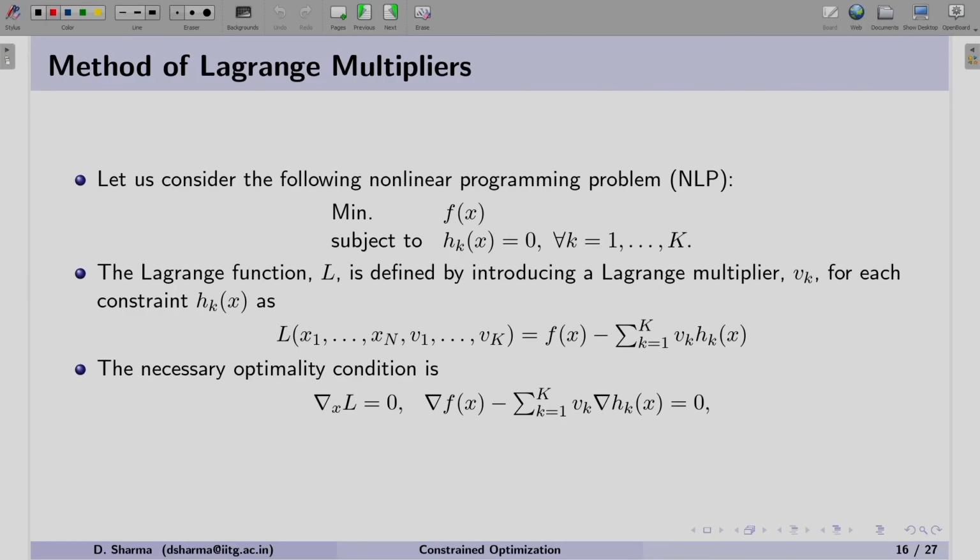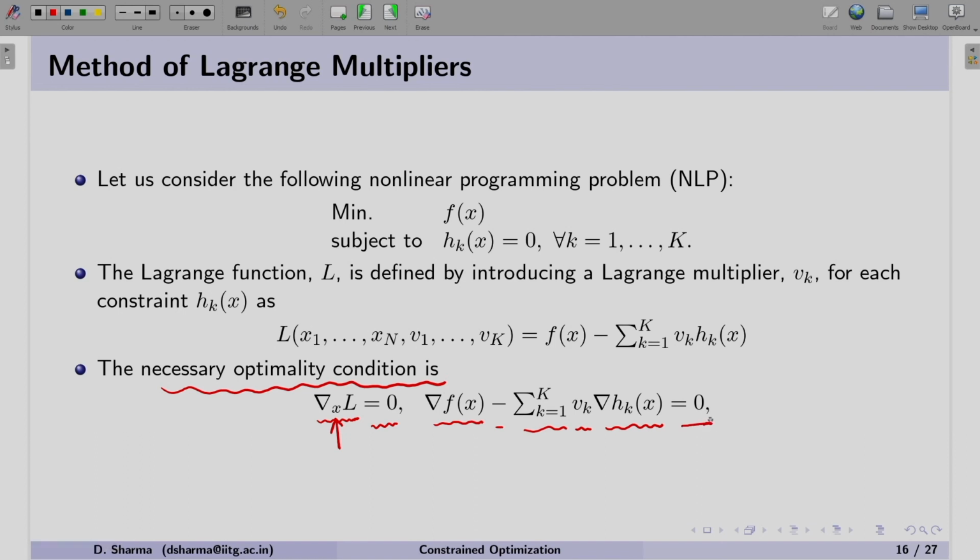In this case, the necessary optimality condition for the Lagrangian function is, let us find the gradient of this Lagrangian function with respect to x, and we make it 0. This is our necessary optimality condition. When we find the gradient, we get the gradient of the function minus the summation of Vk times the gradient of the constraint equal to 0.